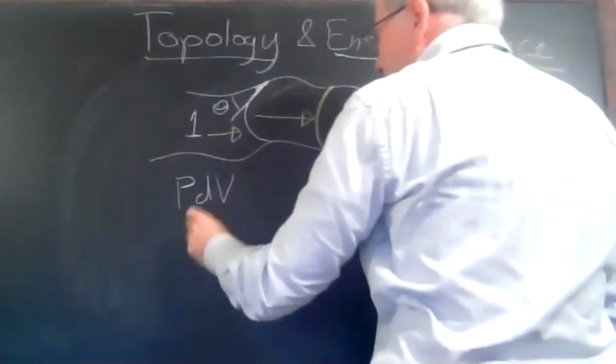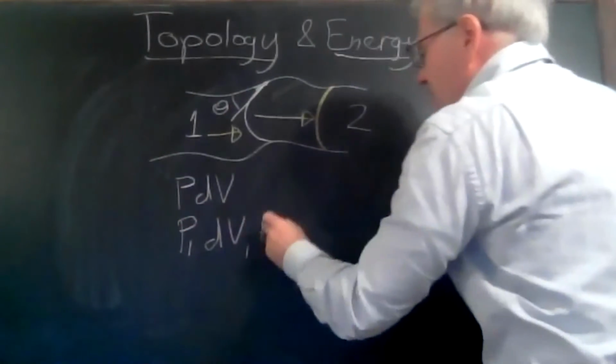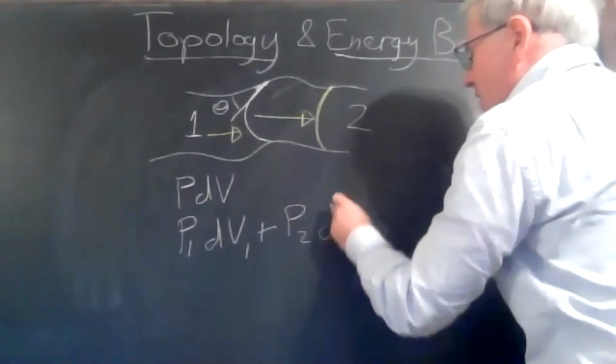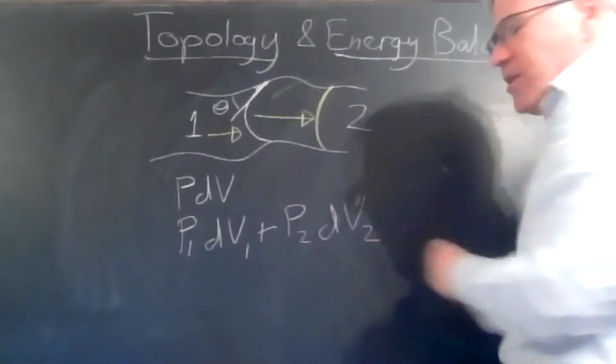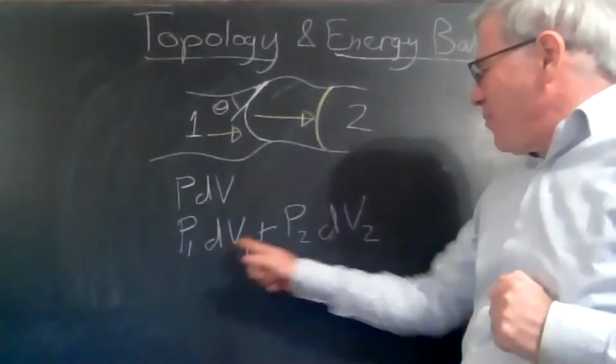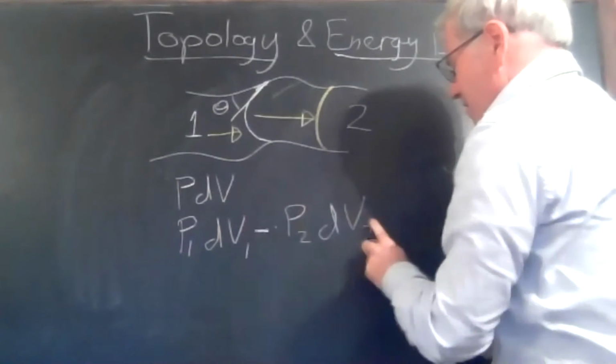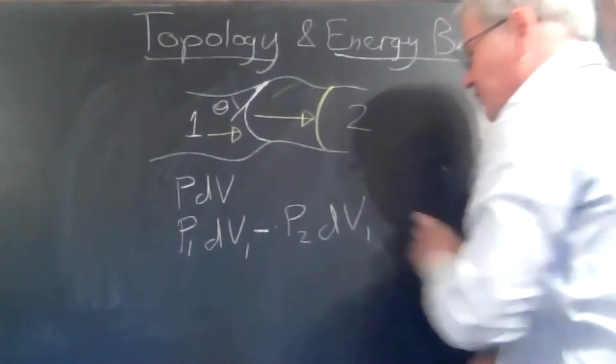So PdV is in fact P1 dV1 plus P2 dV2. And these are the changes in volume of the 2 phases. But if one displaces 2, then this is minus dV1.